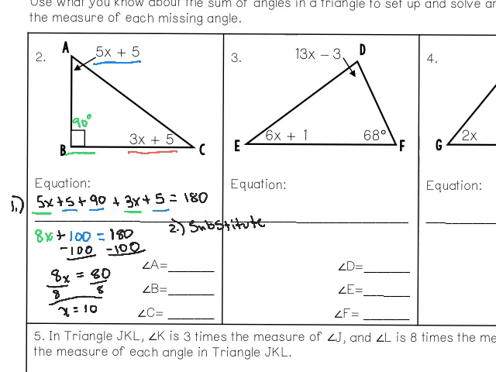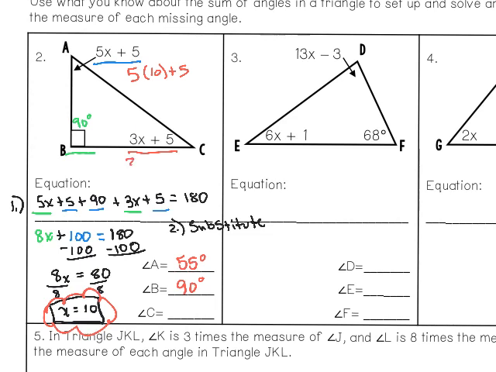So if x is 10, then this is 5 times x, which you told me was 10, plus 5, 55. Angle A is 55 degrees. Okay, B we know is 90. What's the missing measure C?